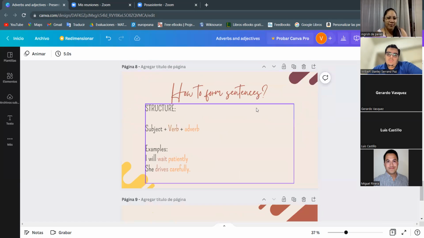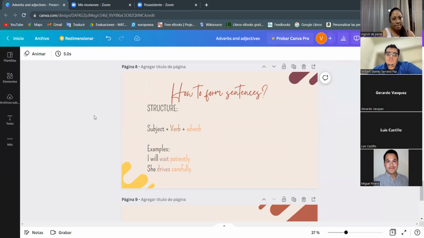So adverbs, how to form sentences. Luis, can you help us reading, please? How to form sentences. The structure: subject plus verb plus adverb. Examples: I will wait patiently, and she drives carefully. Good, thank you.